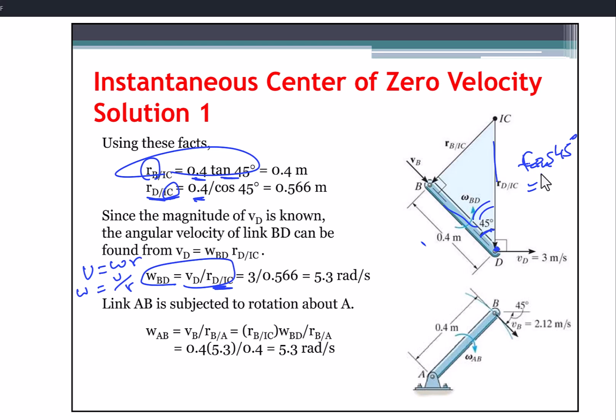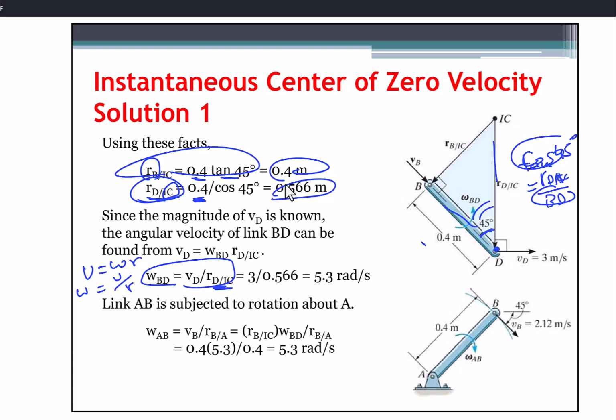So this is R_D relative to IC divided by the hypotenuse, which is BD, meaning this is equal to cosine times BD, which is 0.4. So this is how we get the R's.